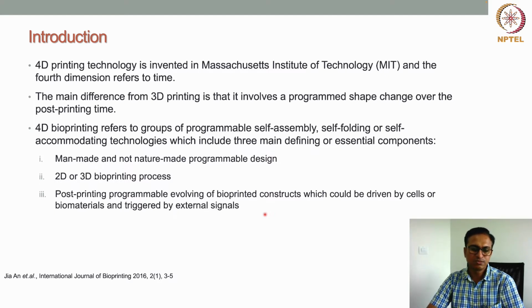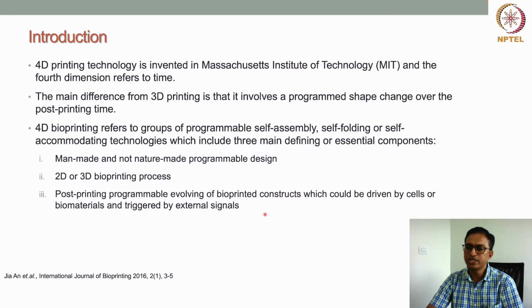Please note down these important points. In 4D bioprinting, there can be programmable self-assembly, self-folding, or self-accommodating changes post-printing. All these changes should be man-made and programmed, not natural changes.